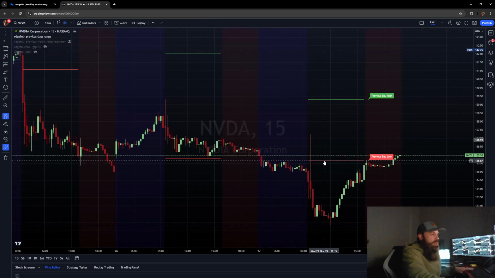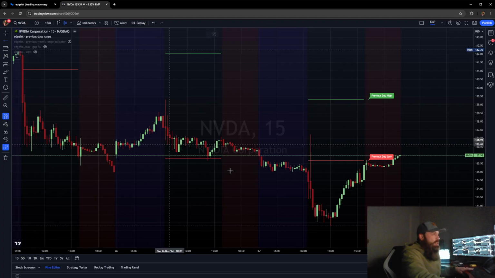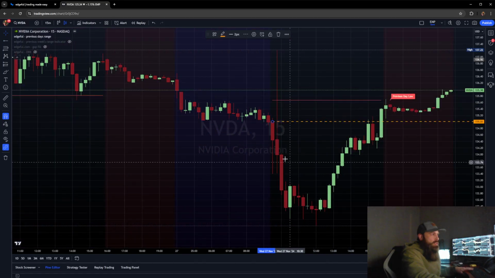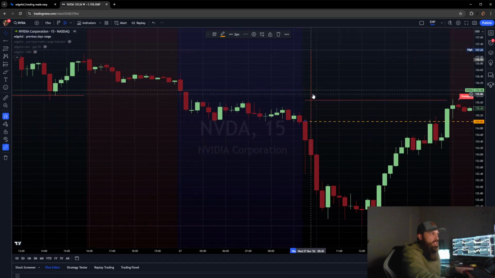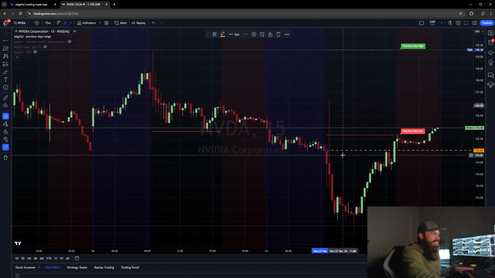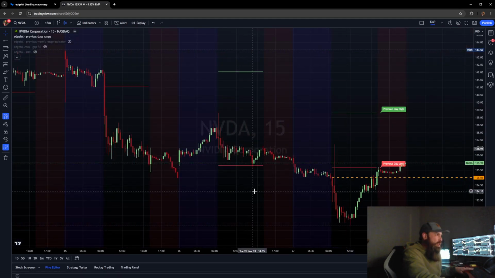Previous day's low. Where's my opening candle? We're coming into the open. Here's 9:30. Opening candle's right here. And look, the opening candle, we went all over the place, but in this next candle today, we went up and touched it immediately. So the stat held true there.